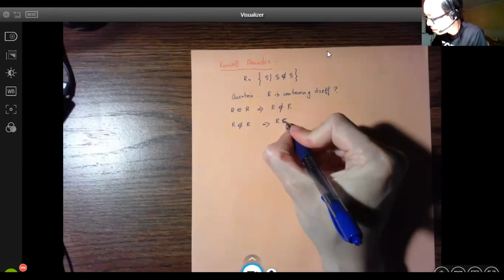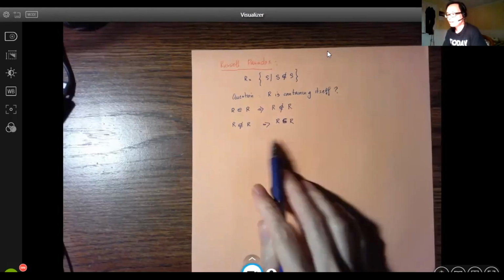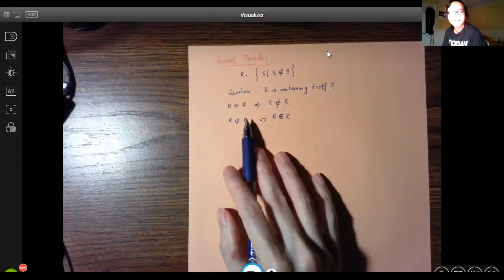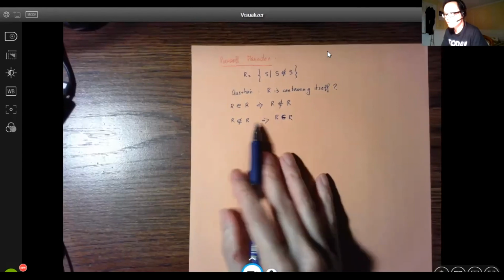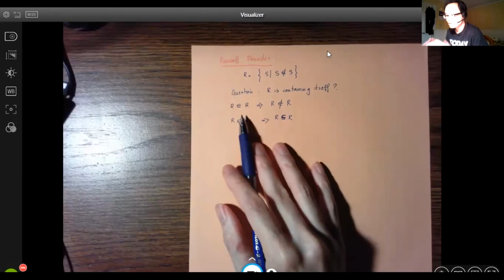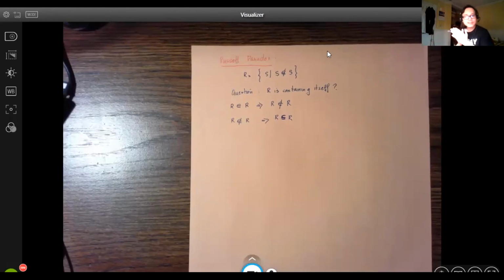Look at that. There's a contradiction everywhere. This is quite interesting. I thought, how come it's like that? And this paradox shows us that set theory is inconsistent.